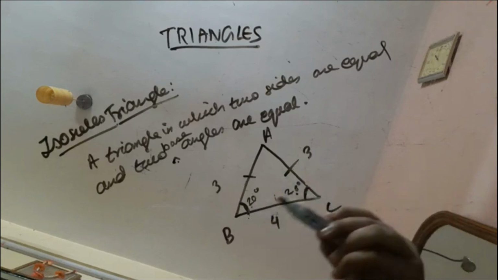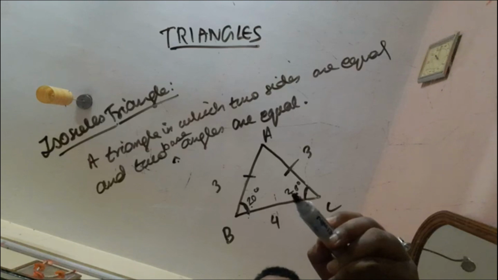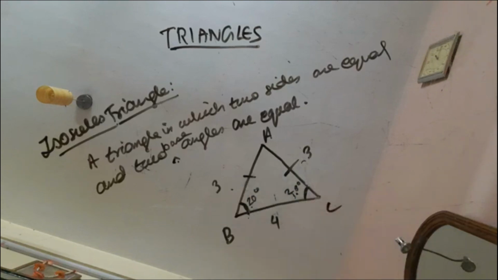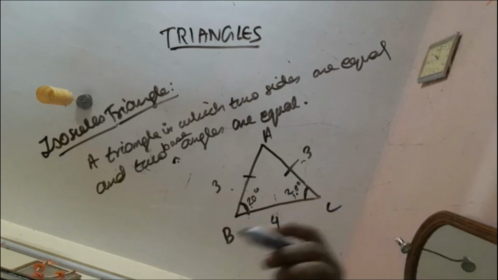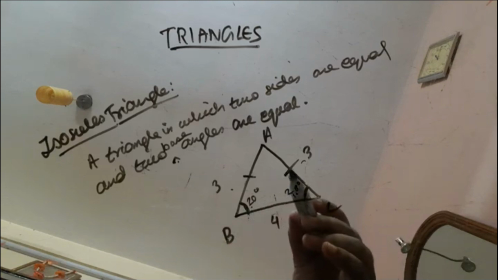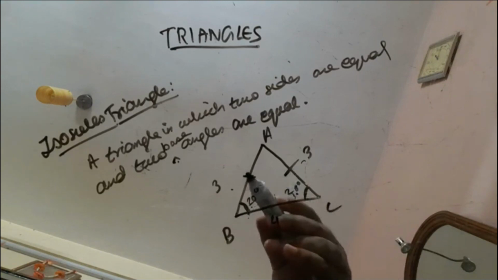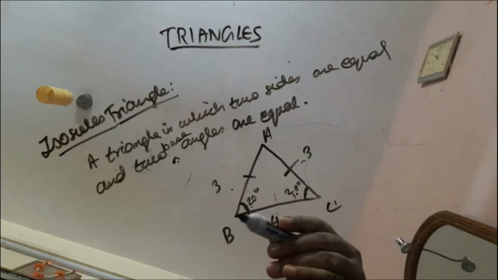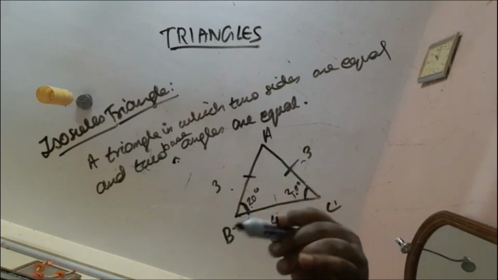You can say that if two base angles of any triangle are equal, then the triangle is isosceles. That is, it will have two equal sides. And which two sides will be the two equal sides? The two sides which are opposite to the base angles would be equal. So this side AC is opposite to the base angle ABC.